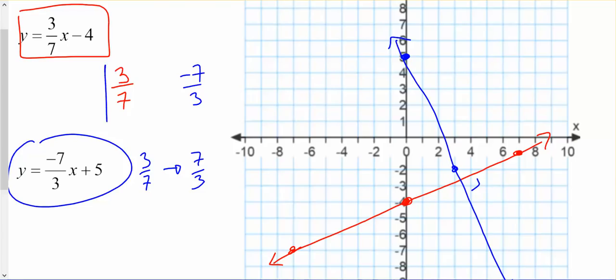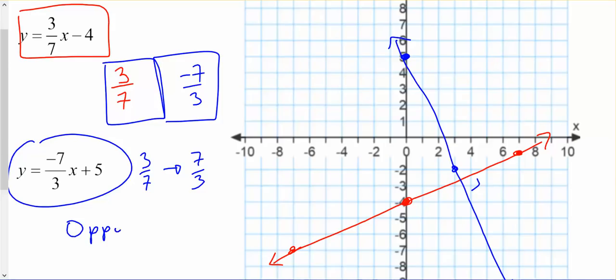So what we say is that in order for lines to be perpendicular, their slopes are opposite reciprocals, meaning we take the reciprocal of 3/7, which is 7/3, and we change its sign, positive or negative. So that's opposite reciprocals.